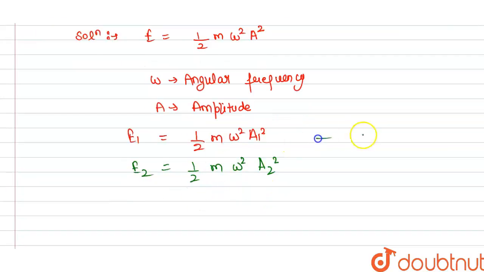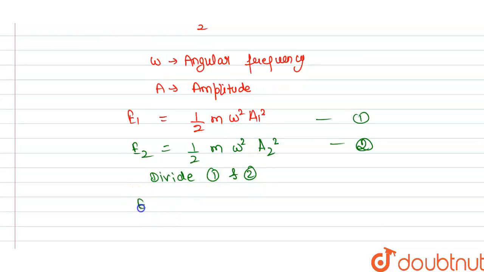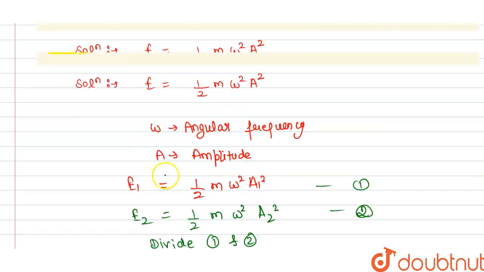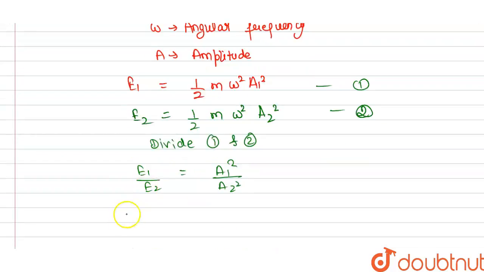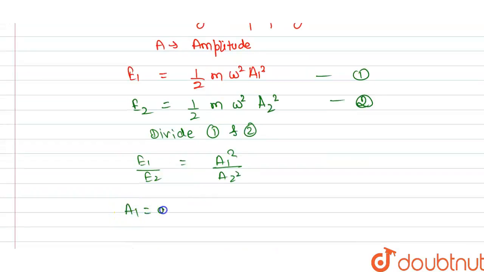So on dividing 1 by 2, we get E1 divided by E2 is equal to amplitude 1 square divided by amplitude 2 square. Here amplitude 1 is A and amplitude 2 is nA.